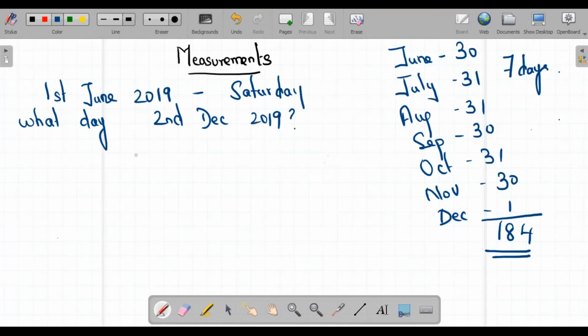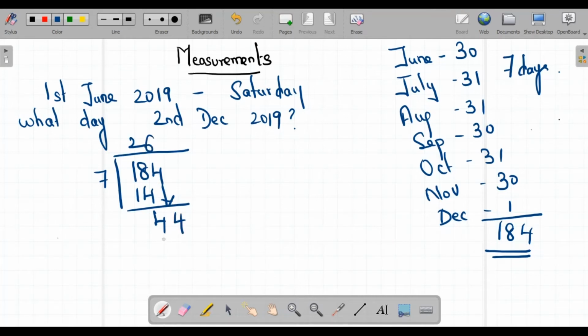So when I divide 184 by 7, 7 2s are 14, so that gets me a remainder 4. I bring down this 4, 44. So 7 6s are 42, which fetches me a remainder 2. So it actually means 26 weeks plus 2 days.